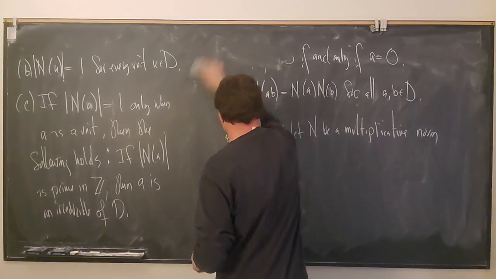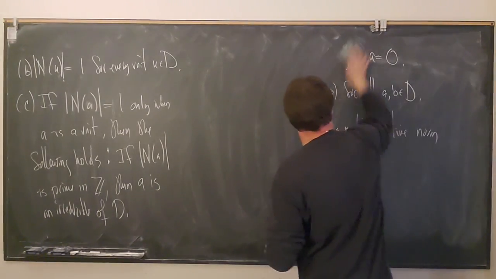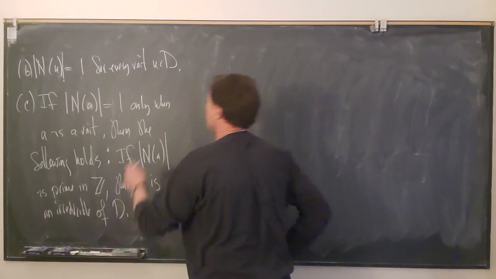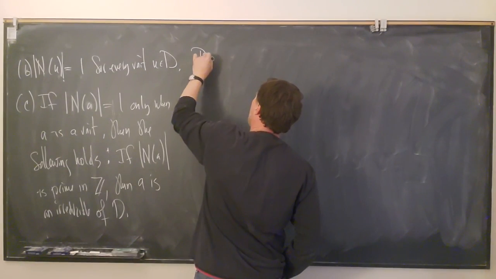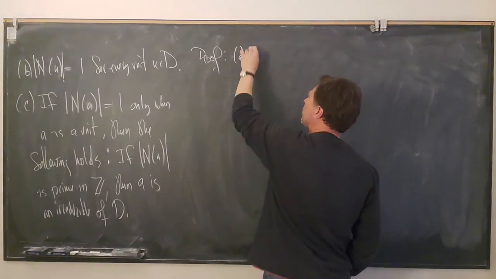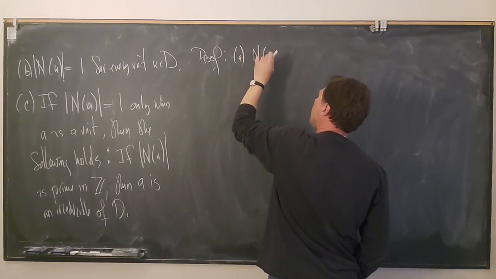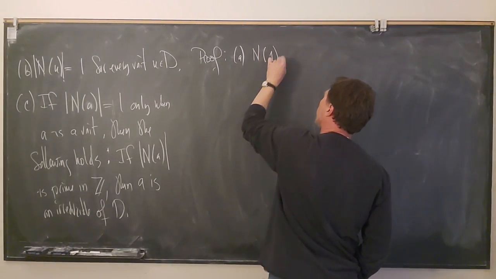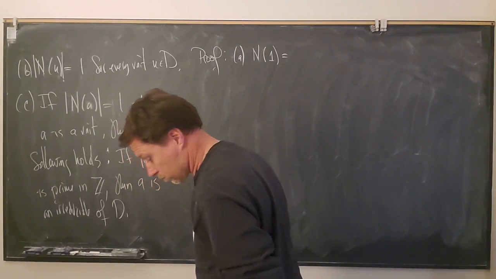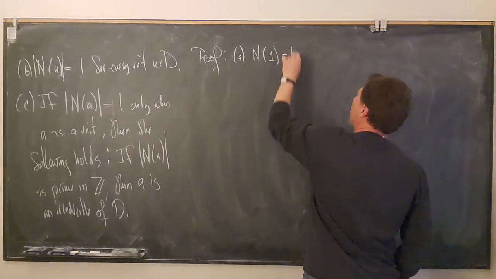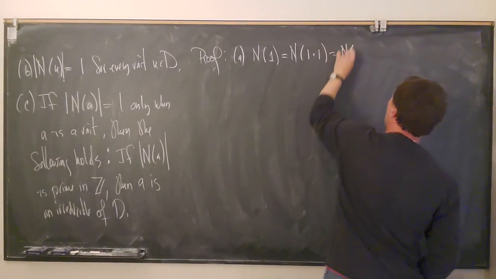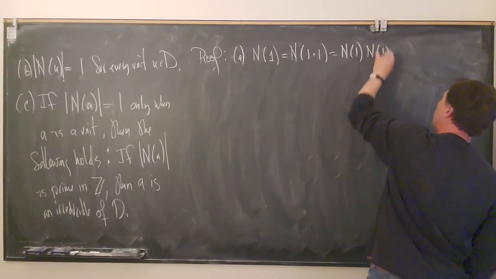Okay, so let's prove these. So proof of part A. We've got to show that the norm of 1 is equal to 1. So the norm of 1 is equal to the norm of 1 times 1, which is the norm of 1 times the norm of 1.